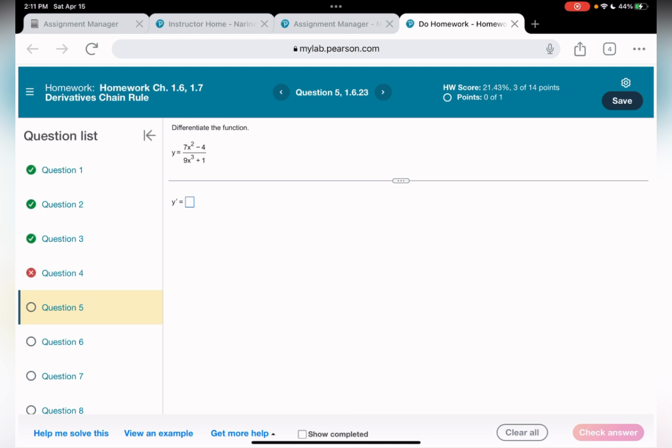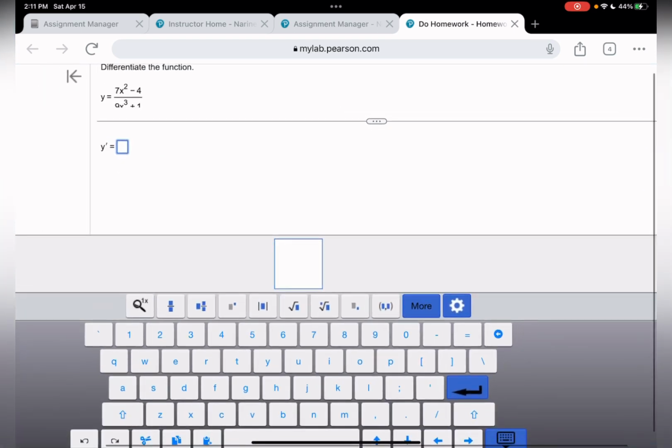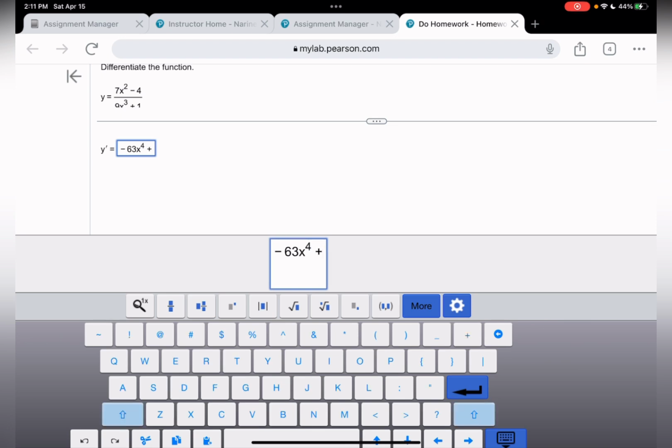So we are getting here, let's place the answer. Negative 63x to power 4, plus 108x to power 2, plus 14x.